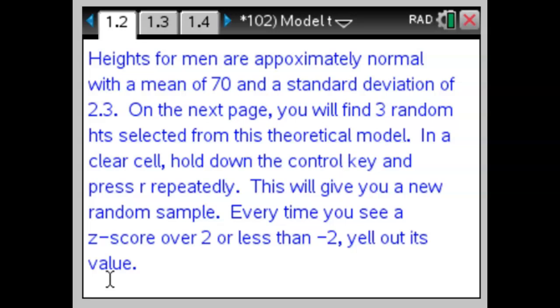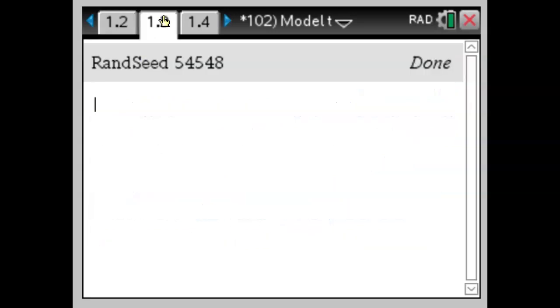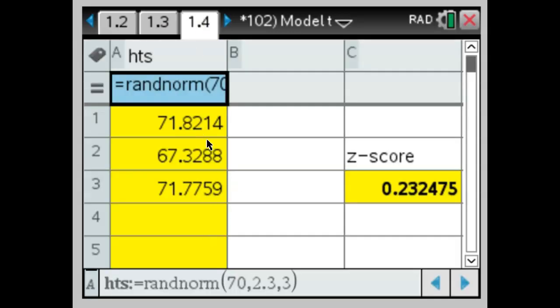And then in the spreadsheet, we're going to get the z-score, and we're going to look to see how often the z-score is below -2 or more than +2. So I did a random seed, and my first sample has these three heights with a z-score of this.